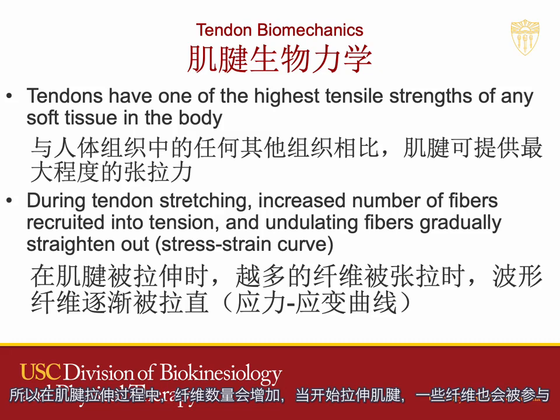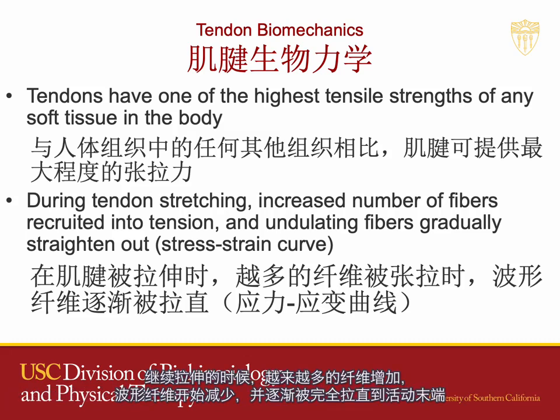So you start to stretch a tendon and some of the fibers are included, and then as you keep going, more and more fibers are included. That small amount of waving or undulating of the fibers starts to decrease, and they start to completely straighten out as you get to that end range of your stretch.